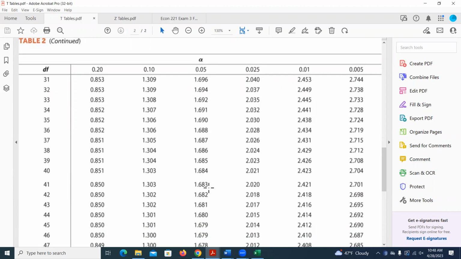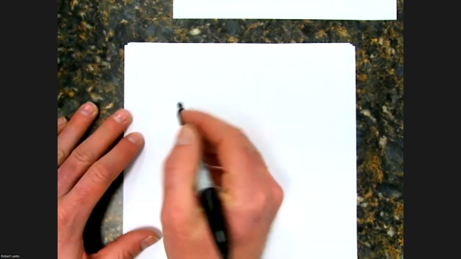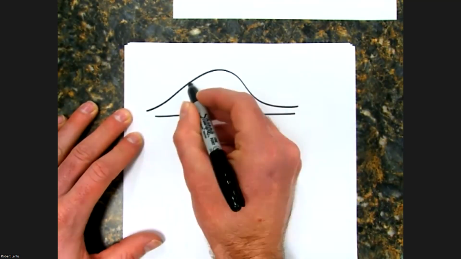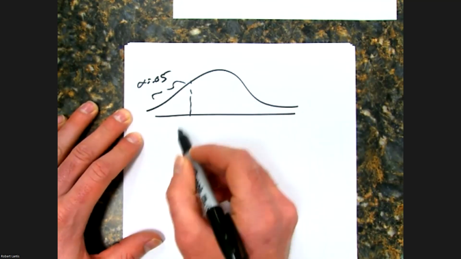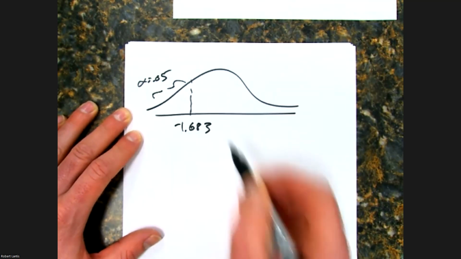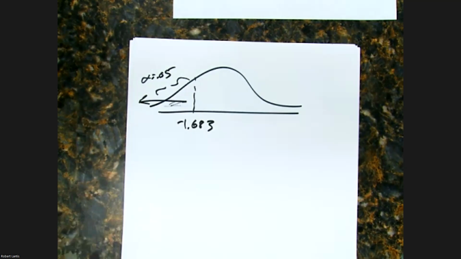So 1.683. However, it won't be positive 1.683 because I've got a left-tailed test. I wanted the value that gave me my alpha of 0.05 in that lower left tail. So here's my rejection region.